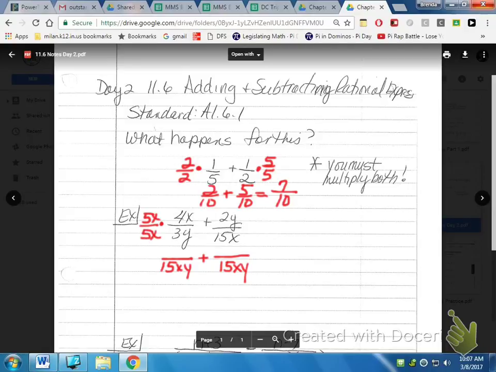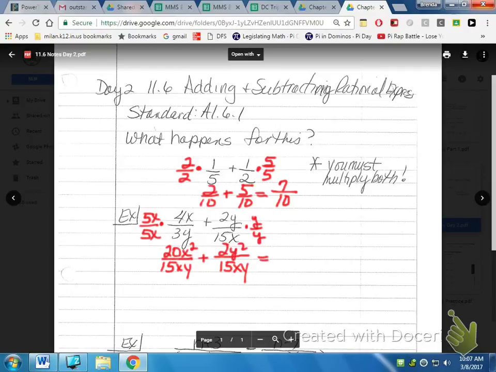So 5x times 4x would be 20x squared. On the right, what's missing out of 15x that is in 15xy? The y. So multiply the top and bottom by that y. So 2y squared.